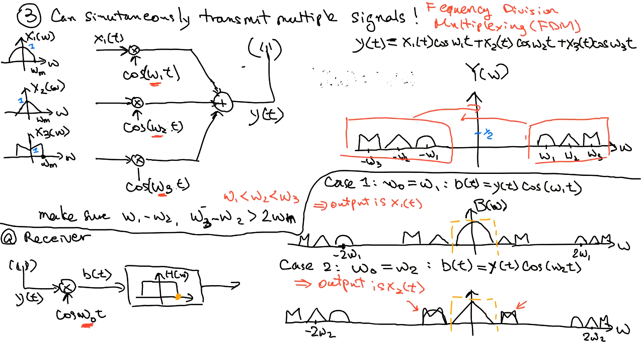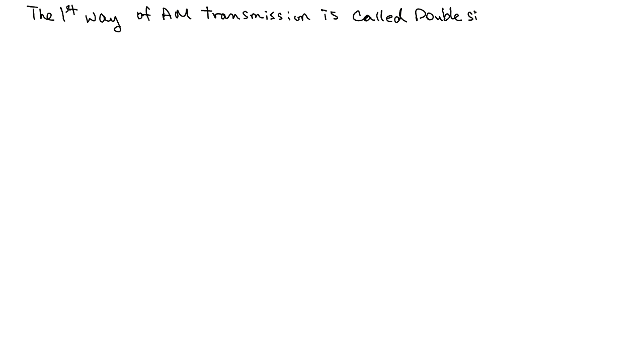Okay, so up to now, we have talked about one way of doing AM transmission. It's called double sideband.